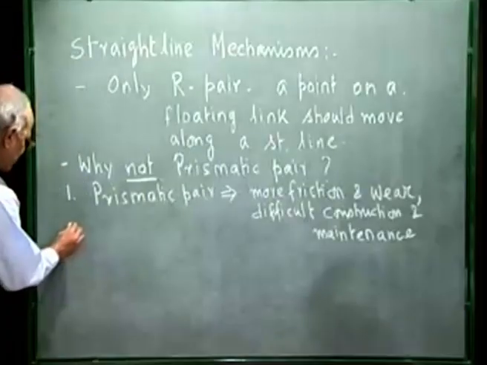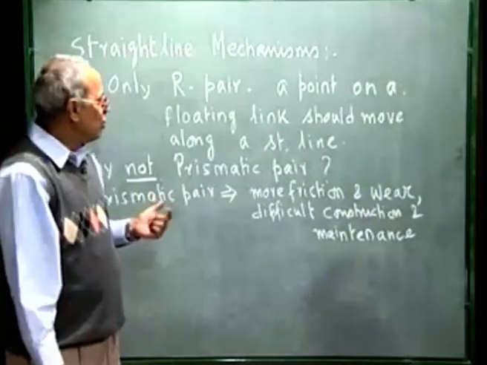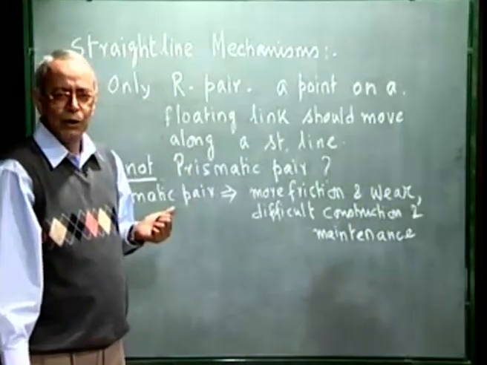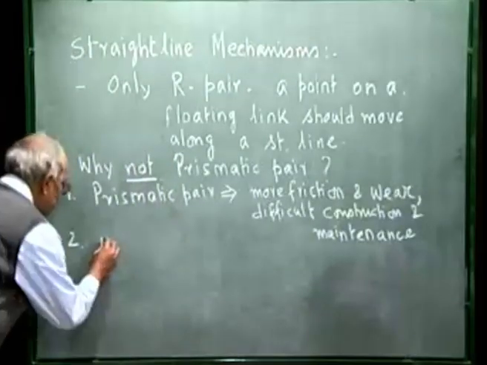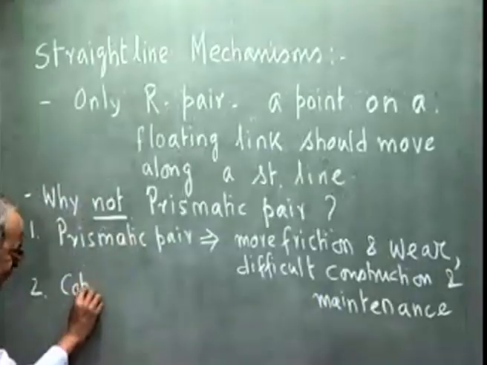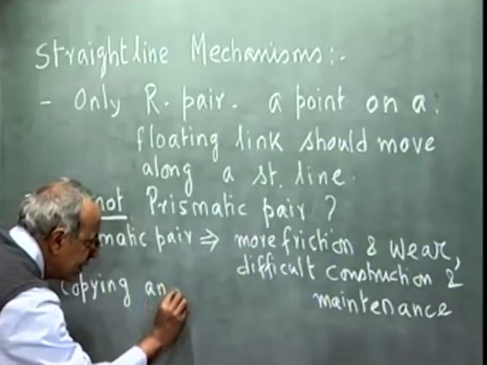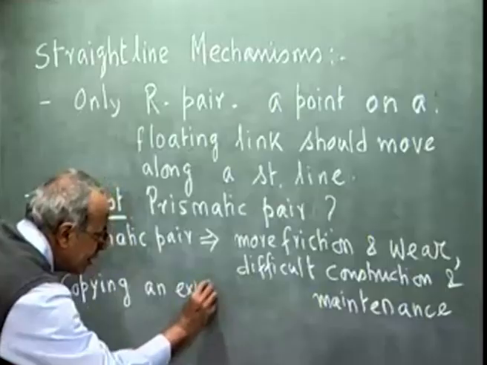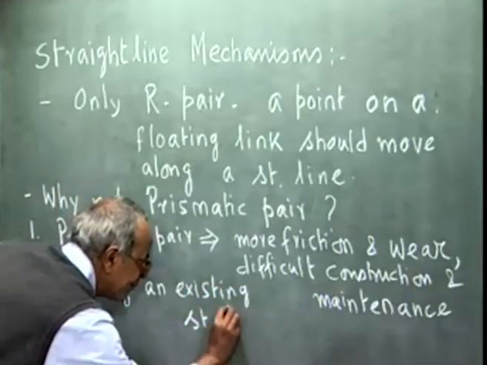Moreover, we should also remember that in a prismatic pair we do not generate a straight line, we rather copy an existing straight line. So, prismatic pair only means copying an existing straight line.